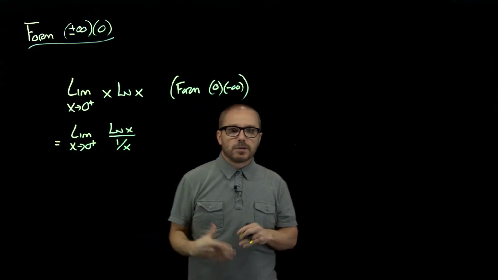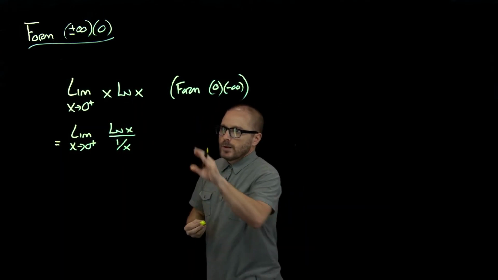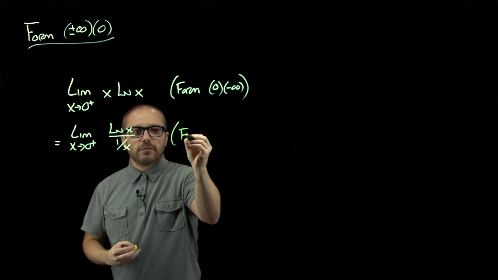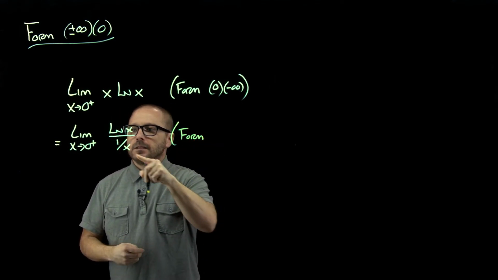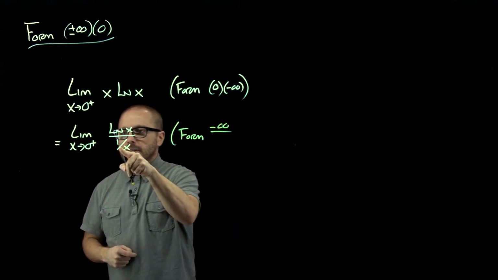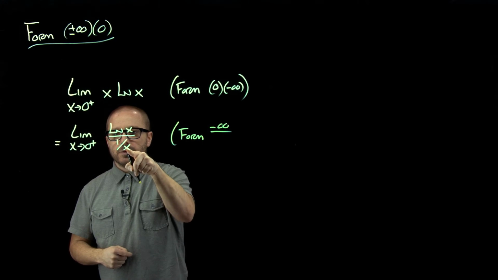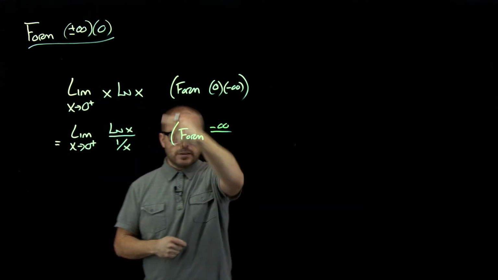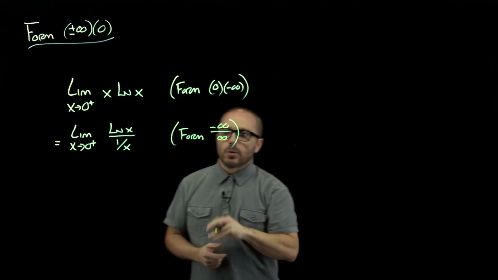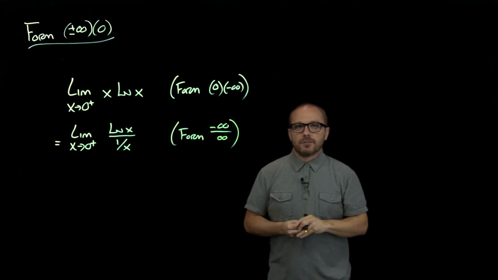So those two expressions are the same. But written like this, we have something of the form negative infinity over, now as x gets closer and closer to 0, remember 1 over x blows up to infinity. So we've turned it into an infinity over infinity situation.